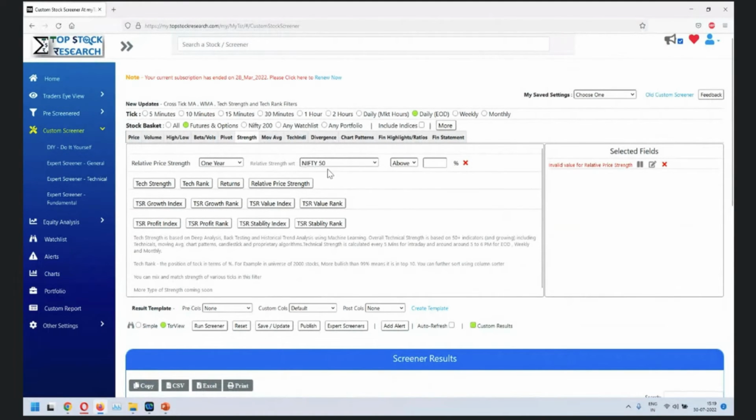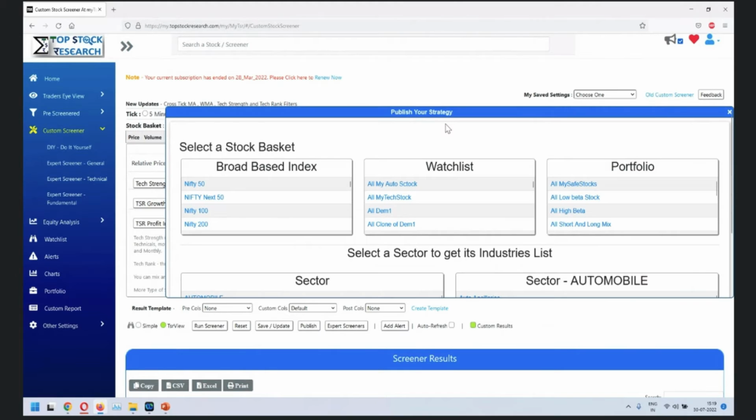What we are selecting is better than, let's say, 5% 1 year. And here we are not selecting any stocks, we are selecting other indices. The other indices could be auto, pharma, bank, or another broad-based index like mid-cap, micro-cap, and so on and so forth.